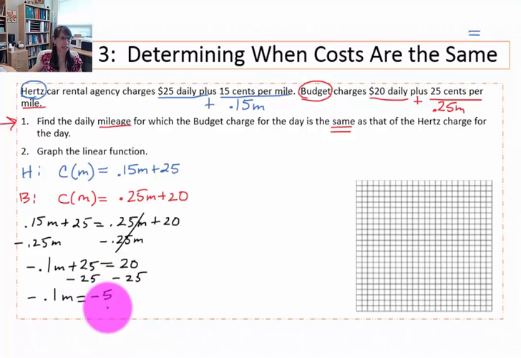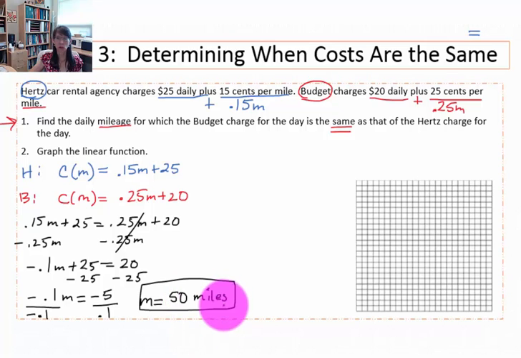Now don't worry about the negatives because in our next step they will be eliminated because I'm going to divide by a negative 0.1 on each side of the equation. Now that gives us M equals 50. M, remember, is miles. So this translates as when you travel 50 miles, the cost for car rental would be exactly the same for Hertz and Budget.